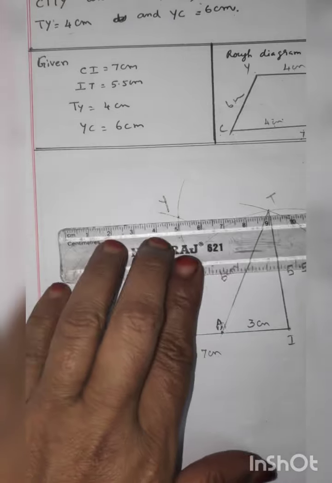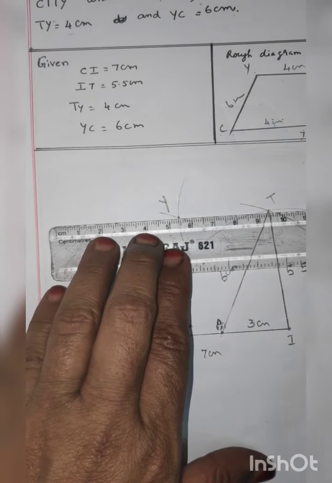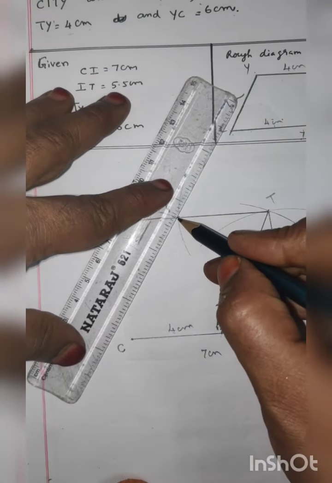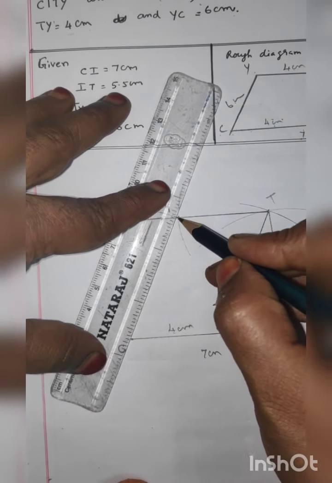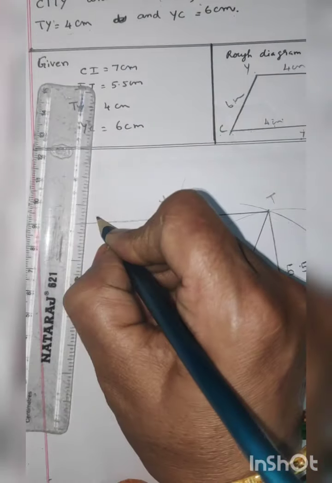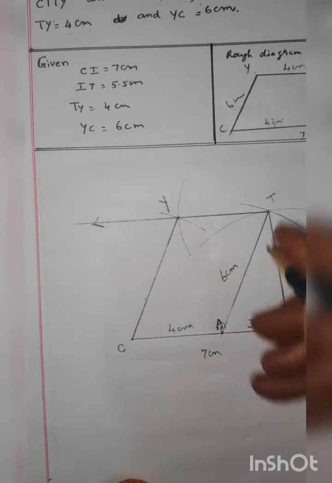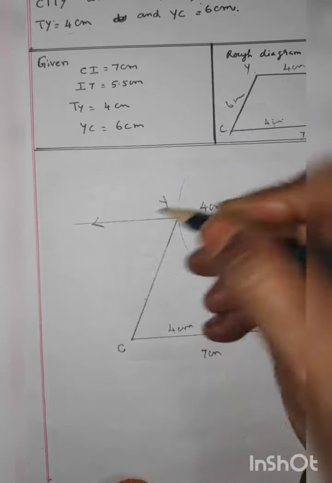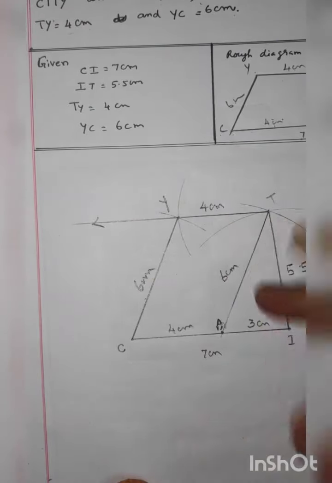Now join the line. Now this is what centimeter? 4 centimeter. Here 6 centimeter.